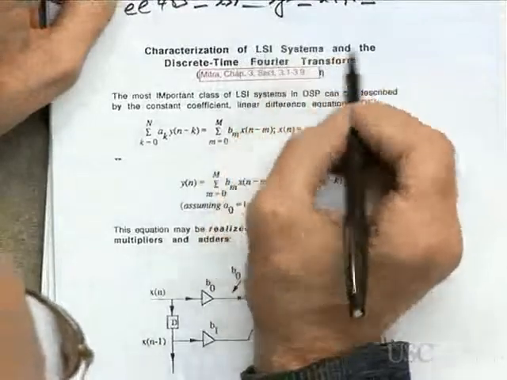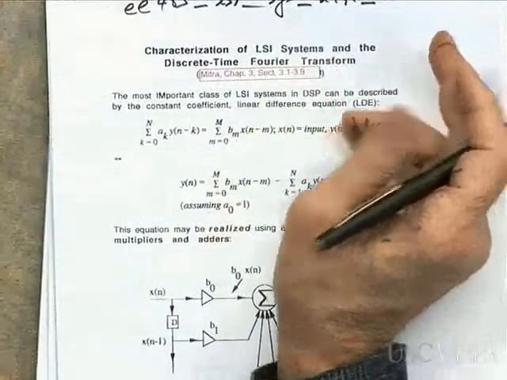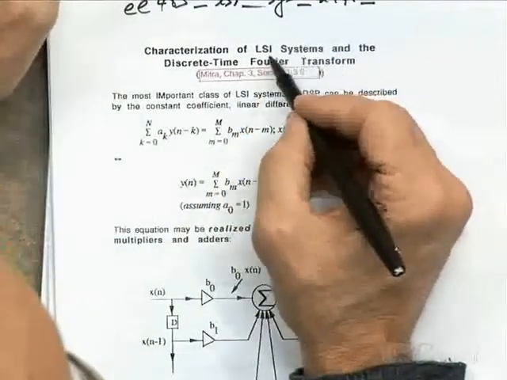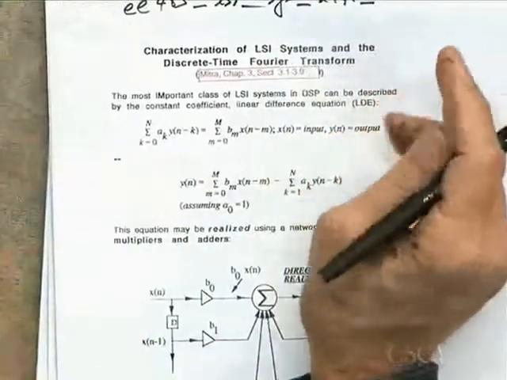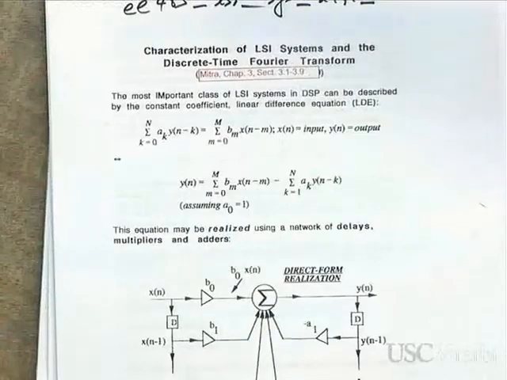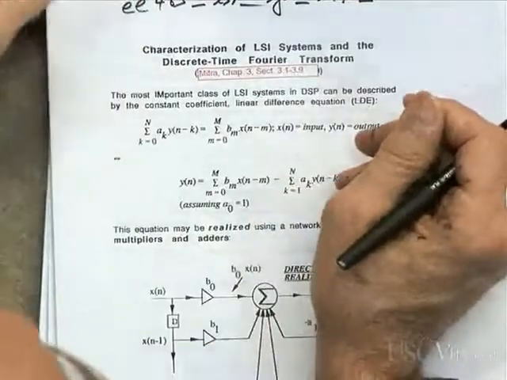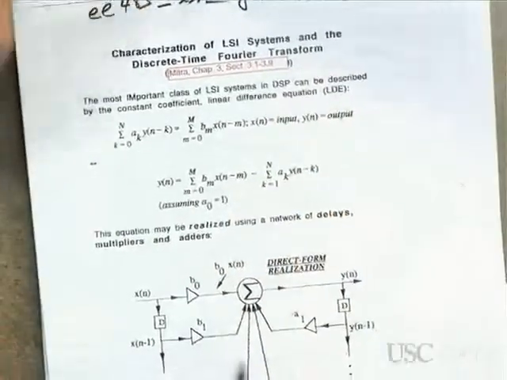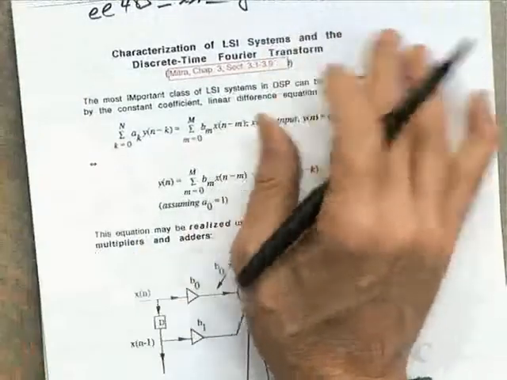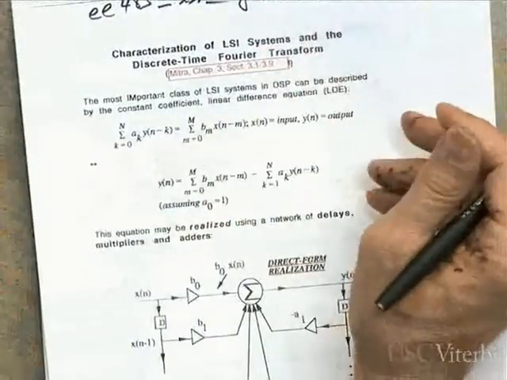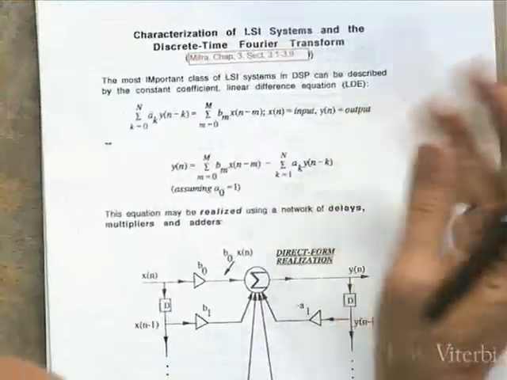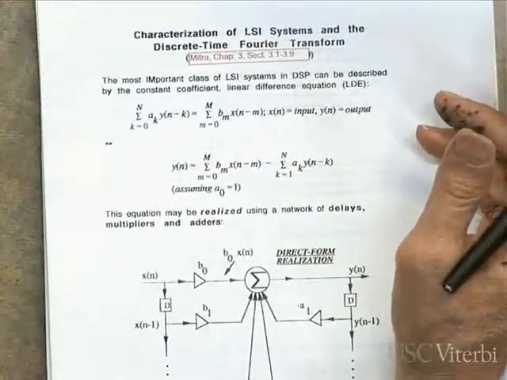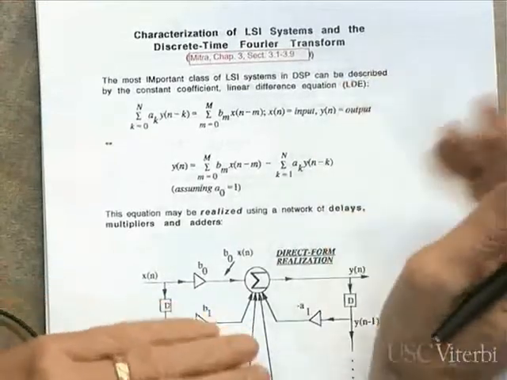This is called Characterization of Linear Shift, or Time, Invariant Systems, and the Discrete Time Fourier Transform. I promised you we would spend the vast majority of the time talking about linear shift invariant systems. From now on, if I bring up a system that is not linear shift invariant, it'll either be on homework or possibly on the midterm through the true-false question I mentioned.